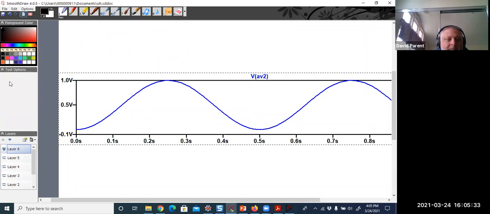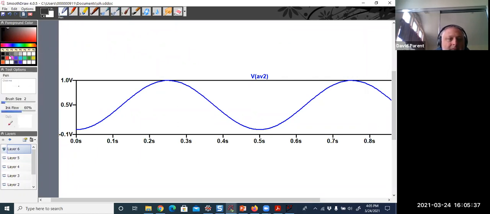I'll estimate it with a triangle, so I have a triangle here and a triangle here.